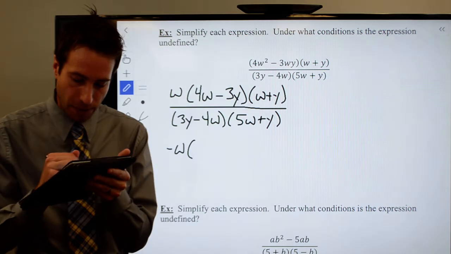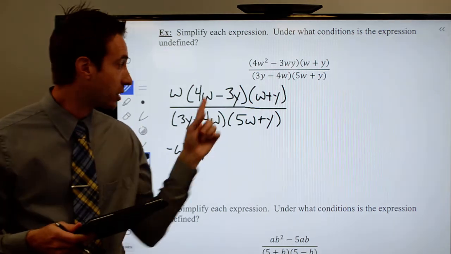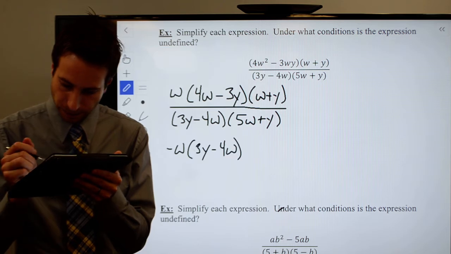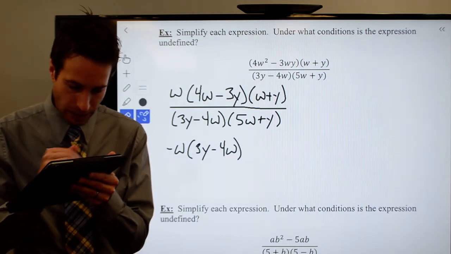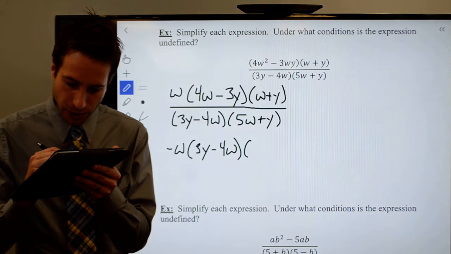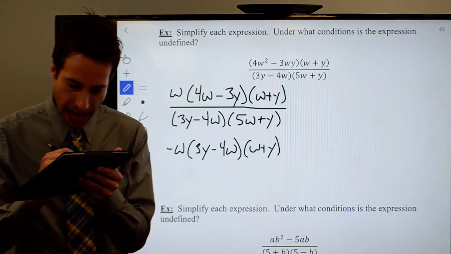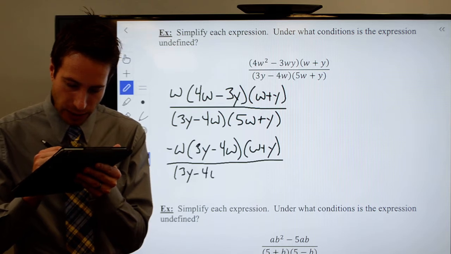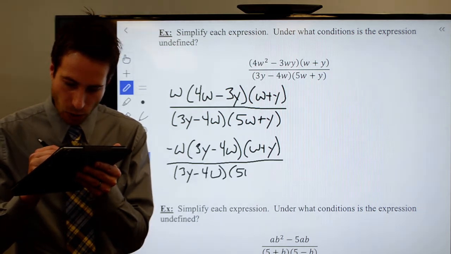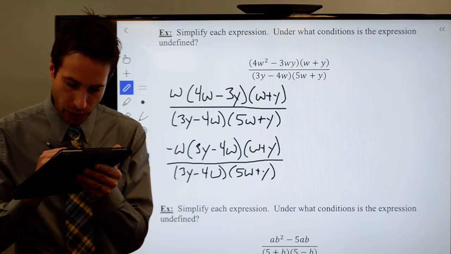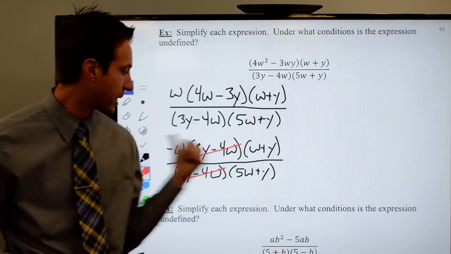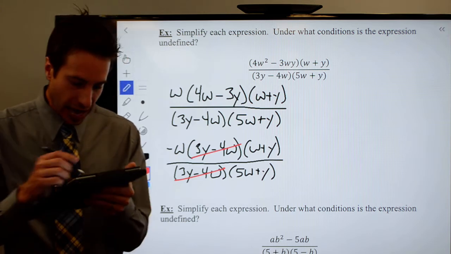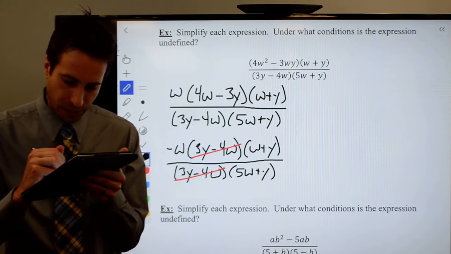The 3y becomes positive, the 4w becomes negative, and then I have the w plus y. In the bottom, I have the 3y minus 4w and the 5w plus y. Those cancel top and bottom because I pulled out the negative. And so my reduced form is simply this.